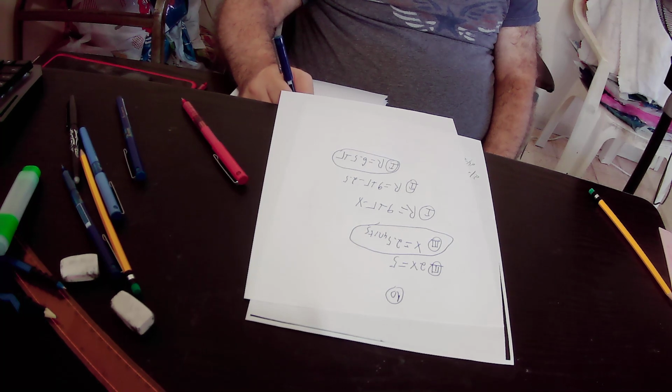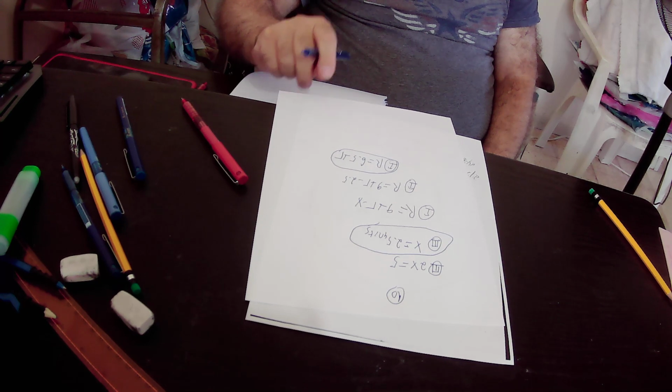Okay, so in the next step I will present rule number 5, and we will implement rule number 5 in our circles.